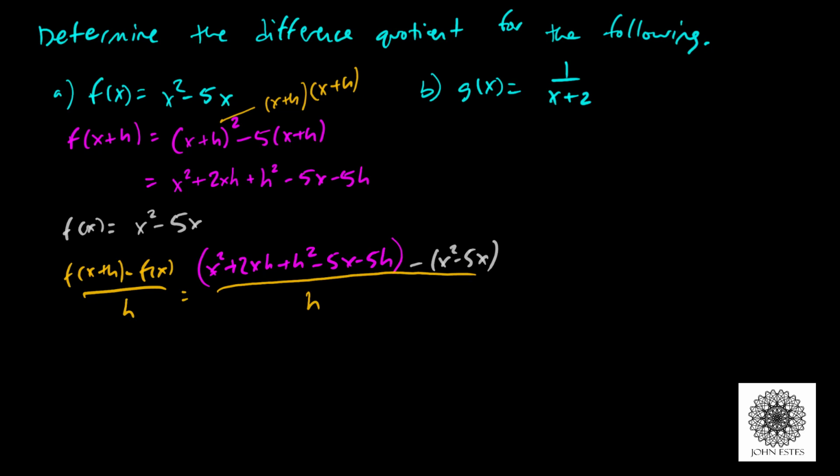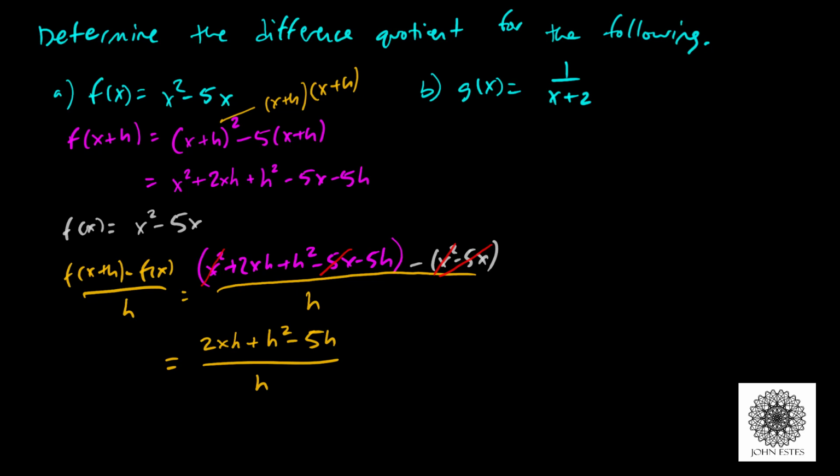My goodness, this looks really complicated, but if you notice, I have an x squared minus an x squared, and I have a negative 5x minus a negative 5x. So some stuff canceled out, and now I'm left with 2xh plus h squared minus 5h all over h.